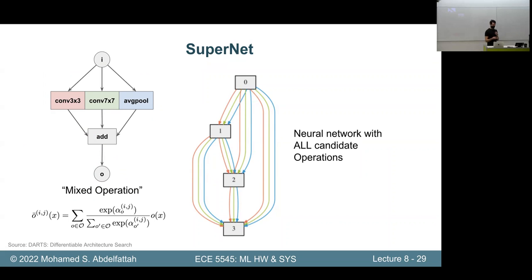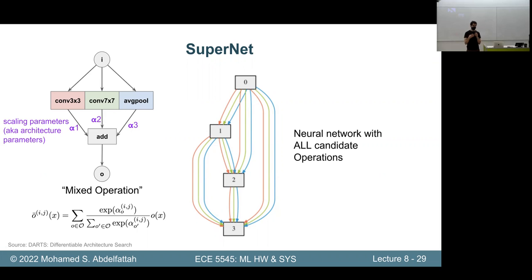So the question now becomes, what do I do with this SuperNet? That's where differentiable architecture search comes in. We add something called scaling parameters or architecture parameters on each edge. Let's call them alpha 1, alpha 2, alpha 3. This is the importance of each of those operations.